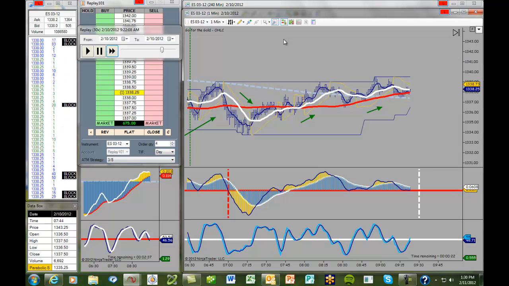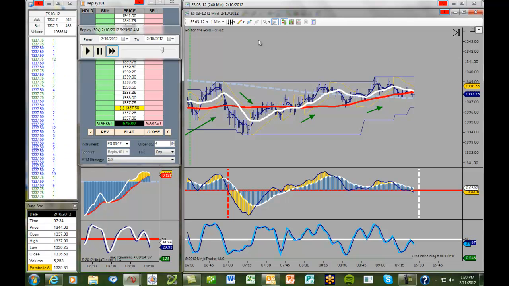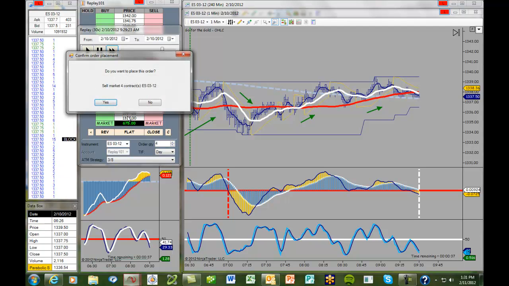Still looking bullish over on the 5 minute side. But we're starting to bend, and we're about ready to have the white below the red here. Looks like we've got it now.